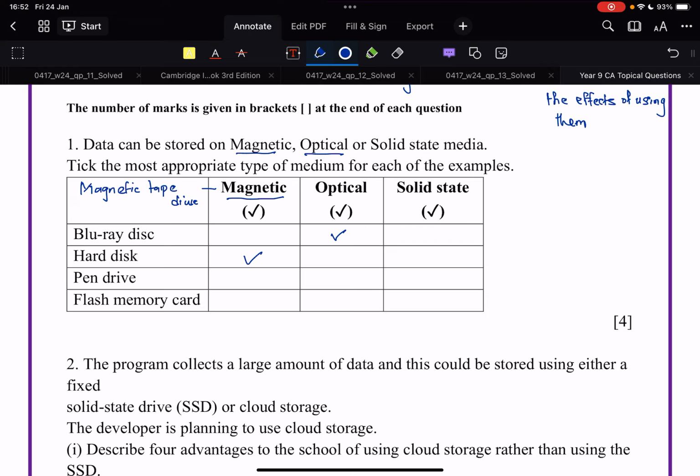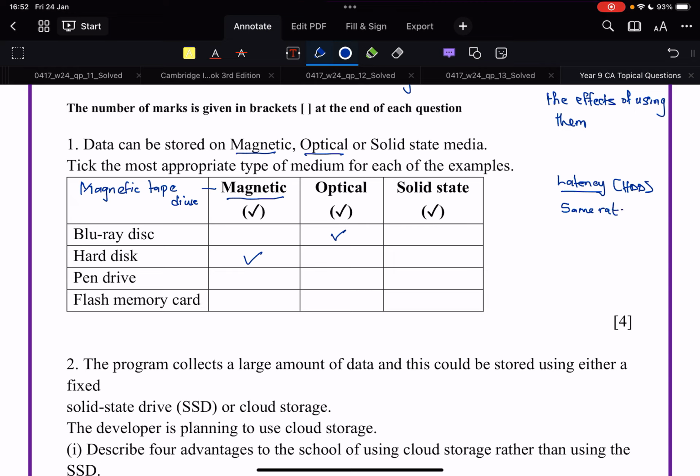Then when we talk about solid state, just to wrap up, one of the issues that brought about solid state is that we started experiencing what we call latency. Latency became a major issue with the HDD. Solid state technology removes this issue because all the data is retrieved at the same rate.